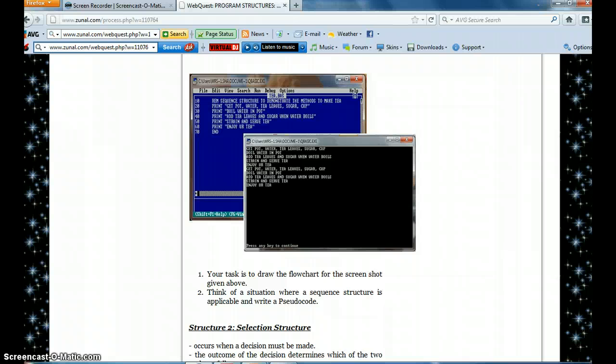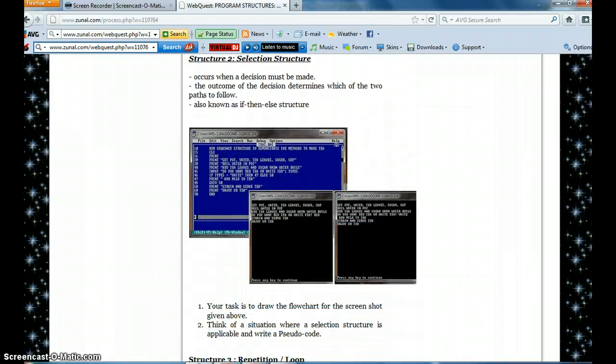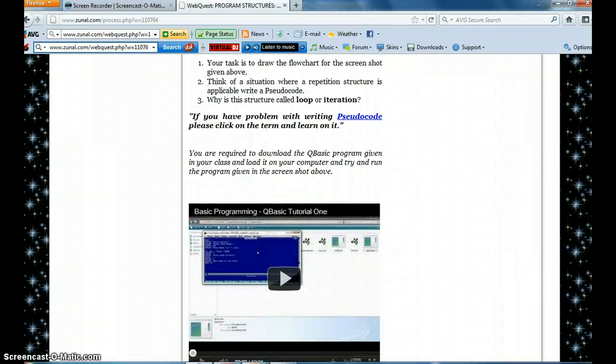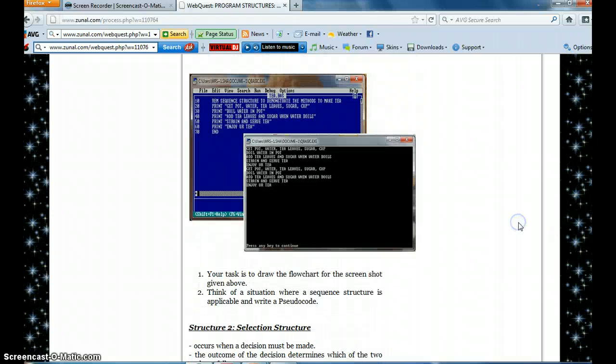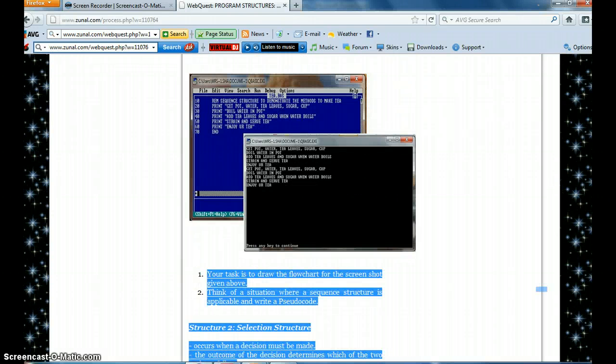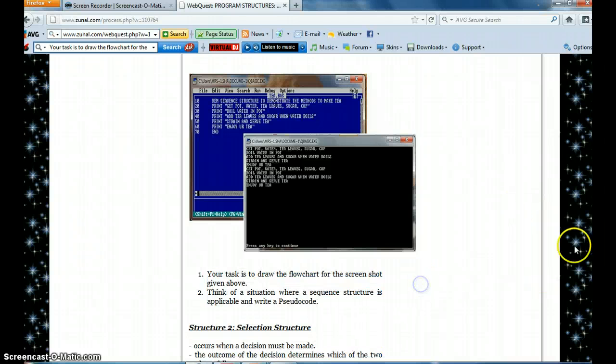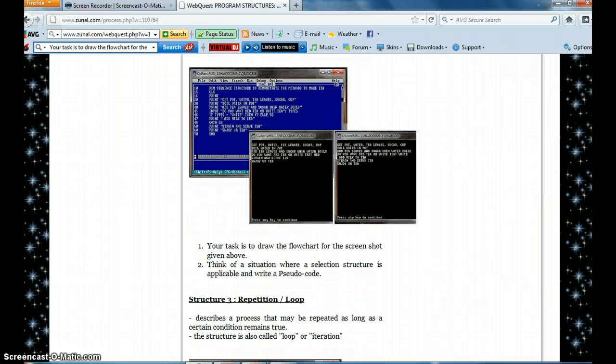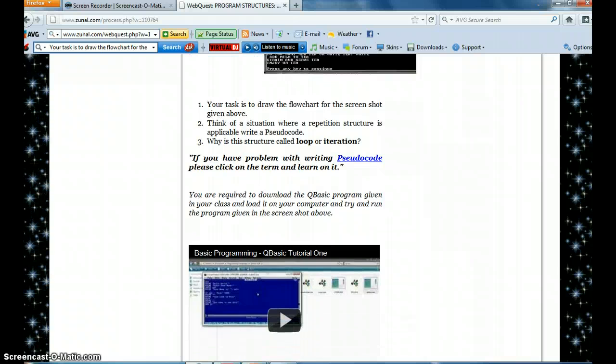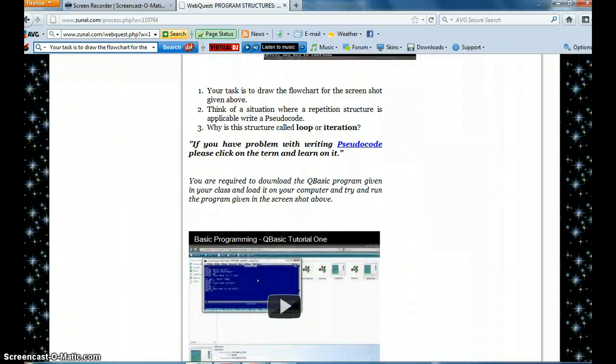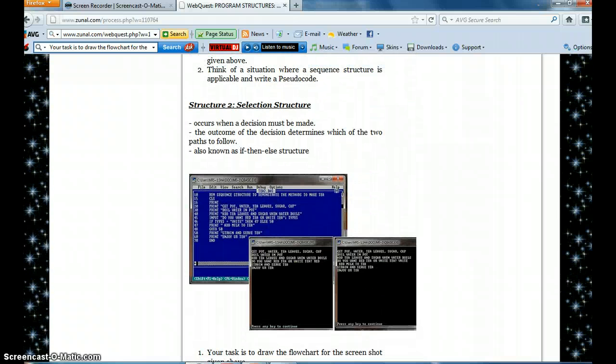And before that, they can even learn about pseudocode by clicking on the pseudocode word given at the end of the WebQuest on the task page if they find difficulty in writing a pseudocode.